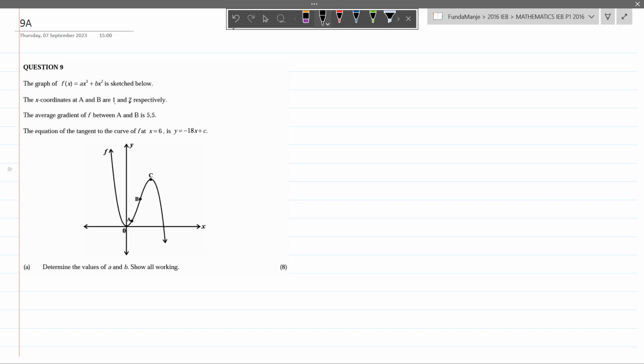So our first step is to use this set of information given. Basically, we are told that the gradient between A and B is 5.5. Therefore, we can write down the formula for the gradient as the change in y over change in x, or delta y over delta x: f(2) minus f(1) over 2 minus 1 equals 5.5.